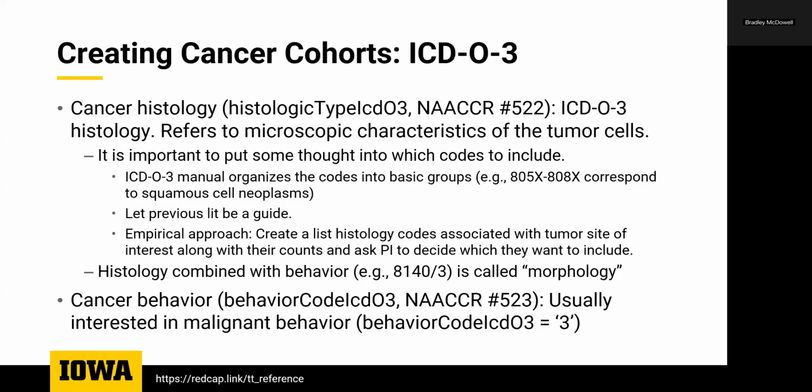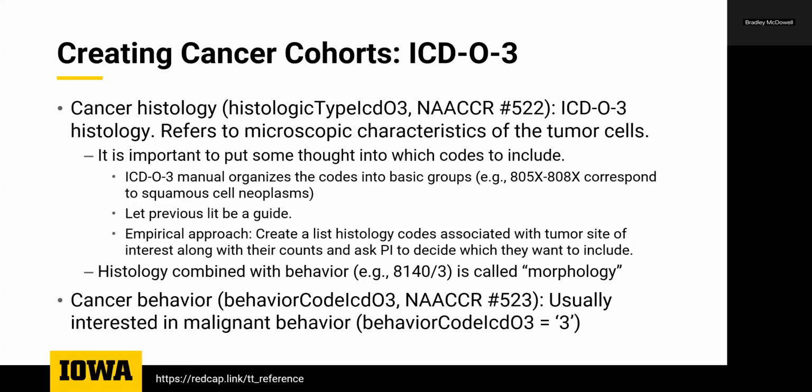Another approach that I use a lot is the empirical approach. So if we're studying, for example, lung cancer, and I'm trying to decide which histology codes to include, I might go ahead and look at C34, which histology codes are associated with C34, and which ones you see a lot, which ones you see infrequently, and those will help you make these decisions about which codes to include or not.